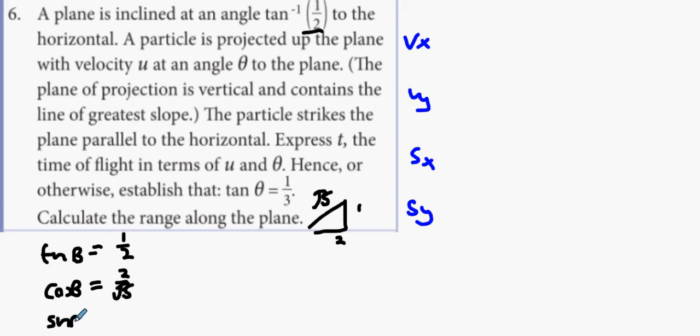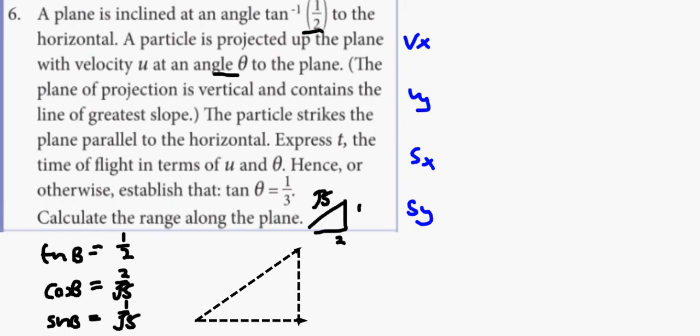Sine beta is 1 over root 5. Yeah, that's great, isn't it? Now, you don't know the throwing angle, okay? So that's no good to us. So, does anybody have the formula?